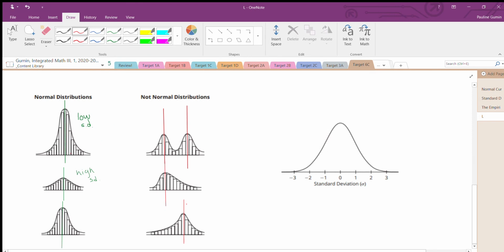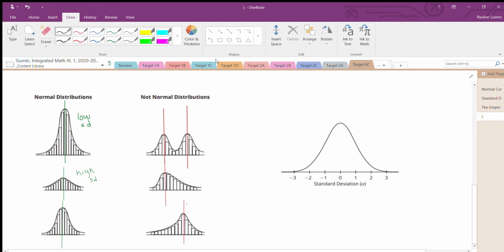Now, these distributions can be looked at in standard deviation form. Standard deviation means how many deviations, how much difference is it from the mean? How much difference in data do you have from the average? Now, our standard deviation has several different categories in it.